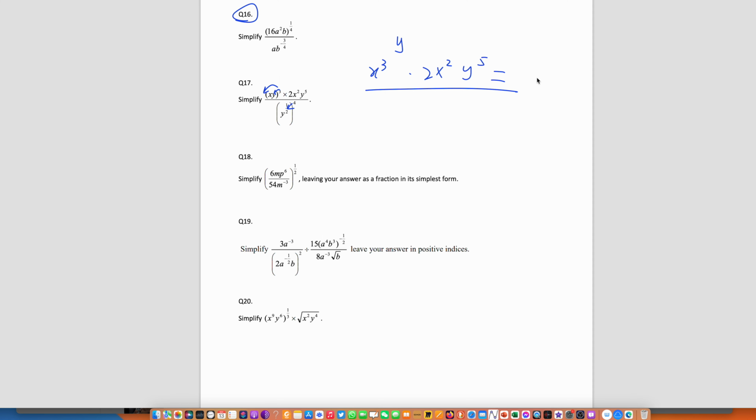So 2 is 2, x3 x2, power plus x5. y means y to power 1, so y1 and y5, power plus 6. That's it. That's for 17. 18 also is quite simple, but you have to do the half in first.